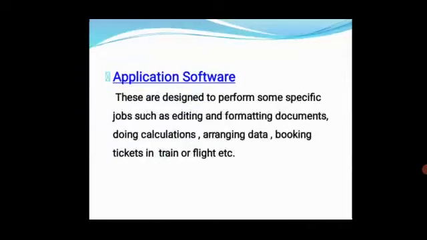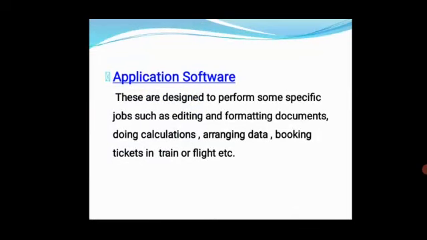What are all the jobs we can do by using this application software? We can edit the documents. Editing means what? Deletions, inserting new documents, then creating new documents. Everything comes under the concept of editing. Then formatting the documents, and we can perform many calculations.